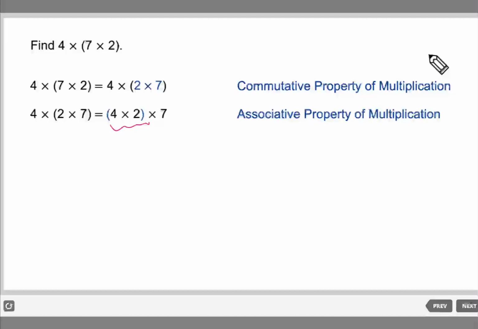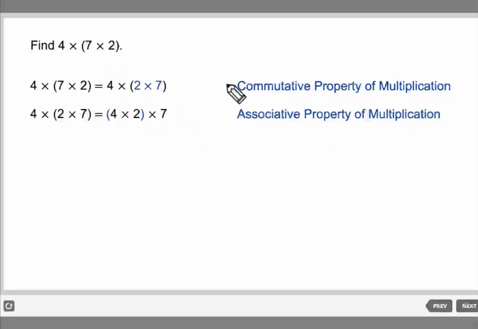But in associative property, we do not change the order. Look with me here. 4 is the first, right? It's the first. 2 is the second. It's the second. We didn't change. 7 is last, so it's the last one. So we didn't change the order, but we changed the brackets.